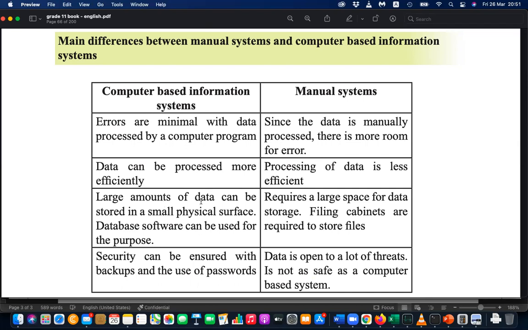A large amount of data can be processed and stored in a small physical space. A hard disk is very small, but you can store terabytes of data. I have seen that in Sri Lanka, most lawyers have a separate office room keeping a lot of documents, overstacked, with documents related to various court cases everywhere.